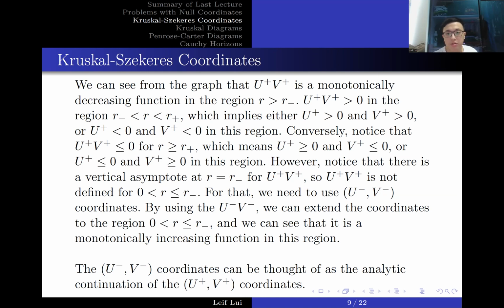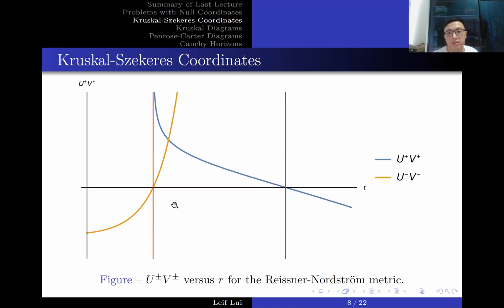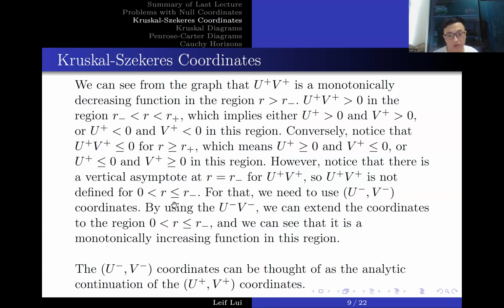And for that, we need to use a different set of coordinates, namely the u minus and v minus coordinates. By using the u minus and v minus coordinates, we can extend the coordinates to the region r between 0 and r minus. And we can see that in this region, looking at the graph before, this is a monotonically increasing function.